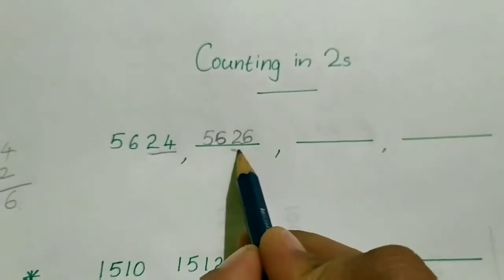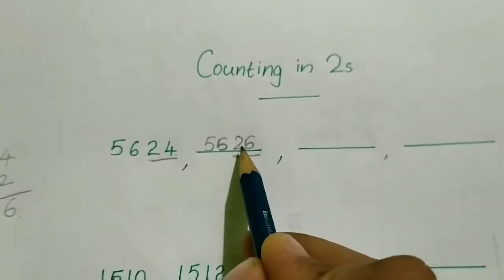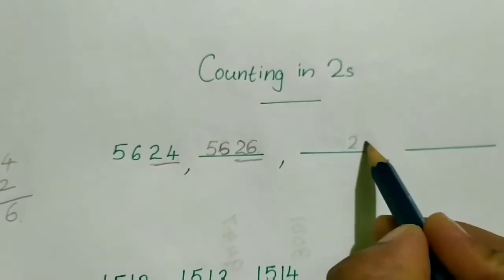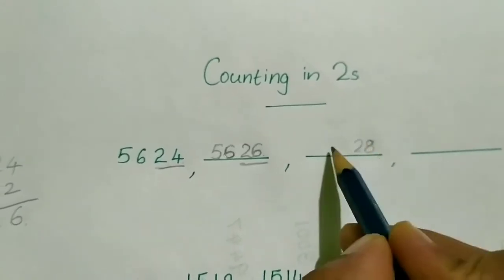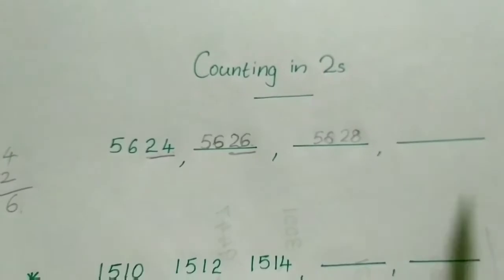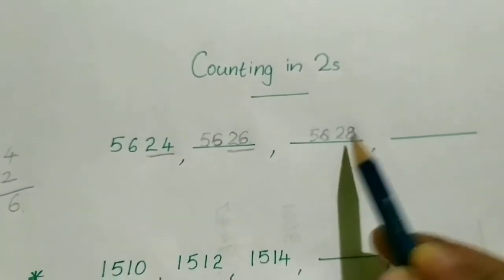In the same way, we will find the next number. Consider the last two digits and add 2 with this number. That is 26 plus 2, 28. Here 5 and 6. So 5628.